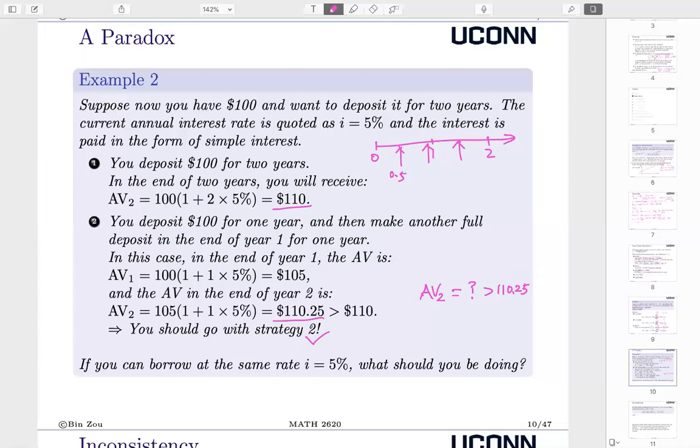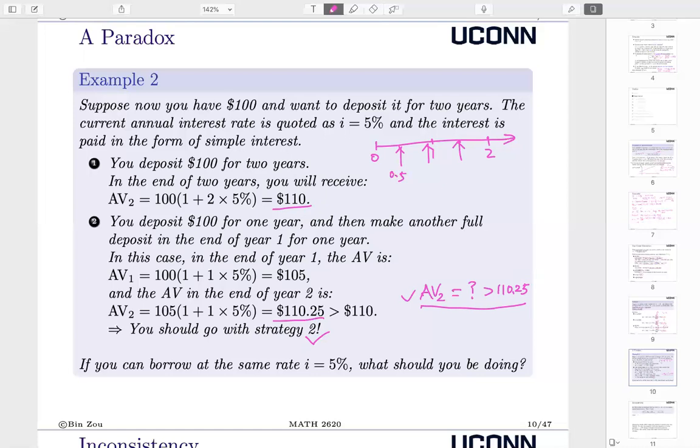Okay, what would you conclude by doing this example and the half year deposit example? Right. So assuming this is the case, please check. Then the best strategy for you to do is to withdraw as frequently as possible, right?